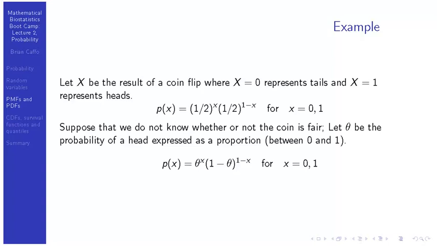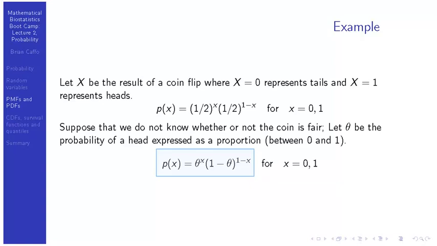But let's leave it as theta for right now. We want a function that says the probability of a 0 is 1 minus theta and the probability of a 1 is theta. Our function, theta to the x times 1 minus theta to the 1 minus x, exactly satisfies these properties.